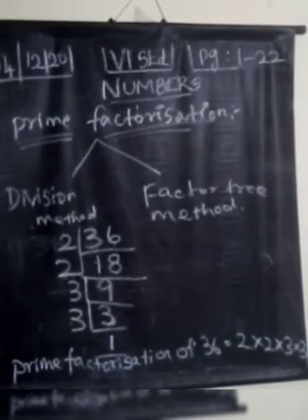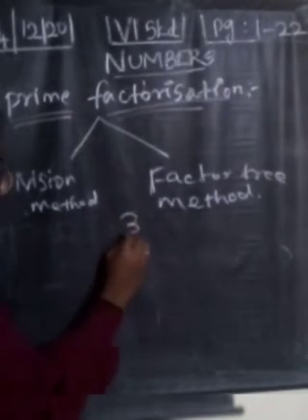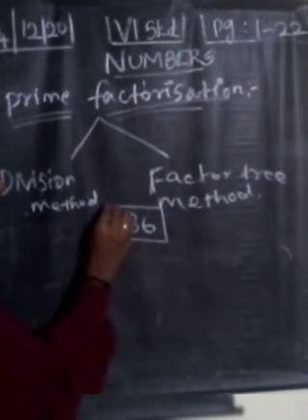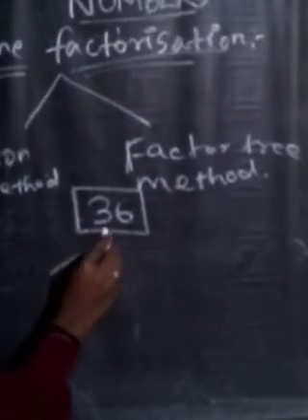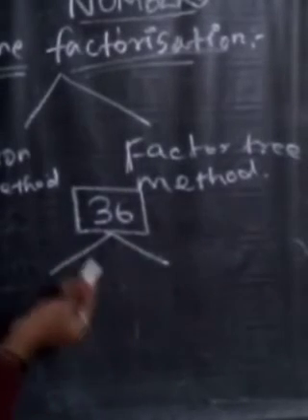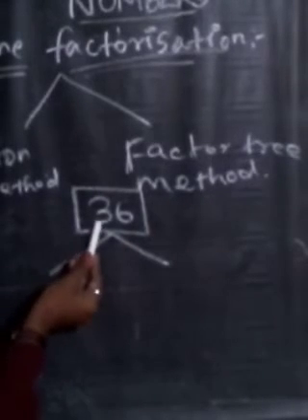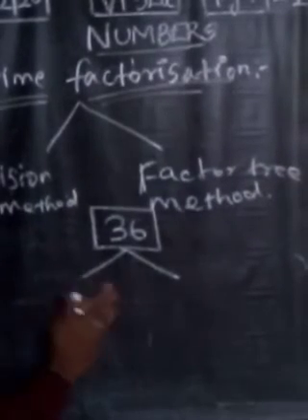Now we are using the factor tree method. The same number 36 is the root of the tree. It is split into two branches. The factors of 36: 18 twos are 36.